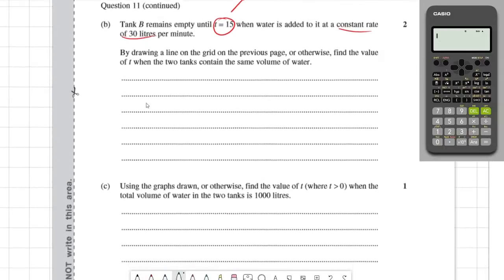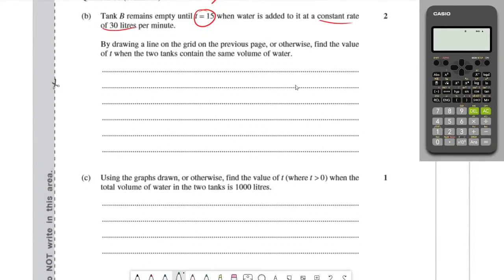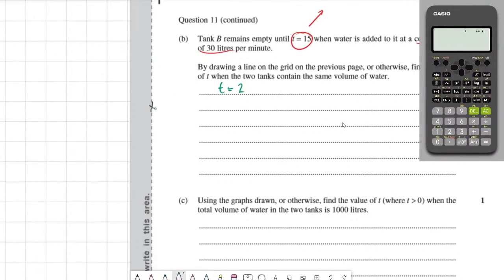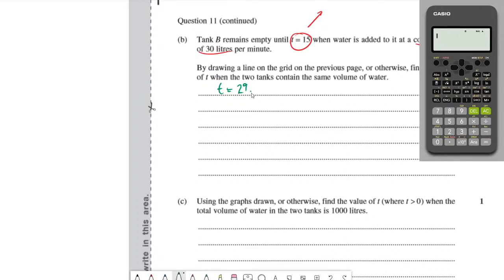So find the value of T when the two tanks contain the same volume. T is equal to, what was it, 24? 29. Okay, so 29. You're basically just looking for where they cross over and then down on the time scale.